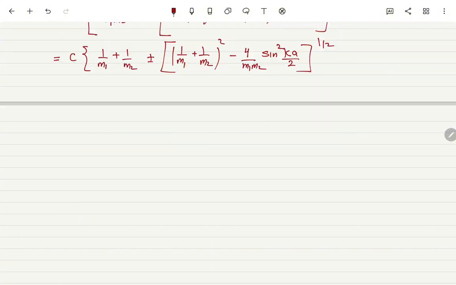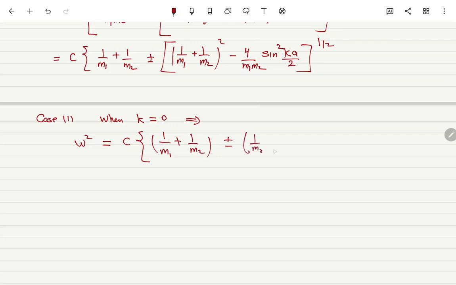Now let's take different cases for k. Case 1, when k equal to 0, for this one here, omega square is equal to c(1 over m1 plus 1 over m2 plus or minus 1 over m2 plus 1 over m1). And we actually have here two roots, the positive root and the negative root.